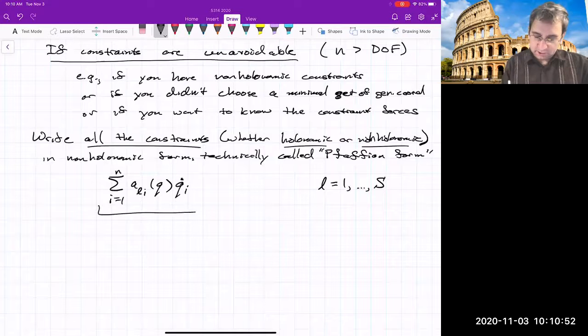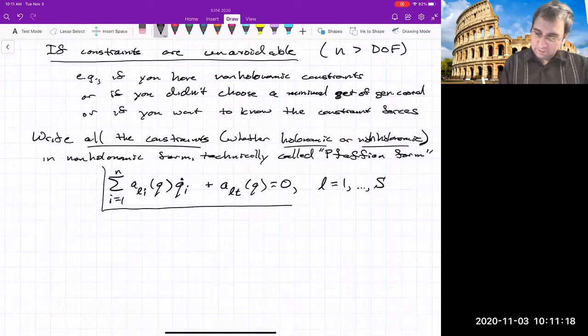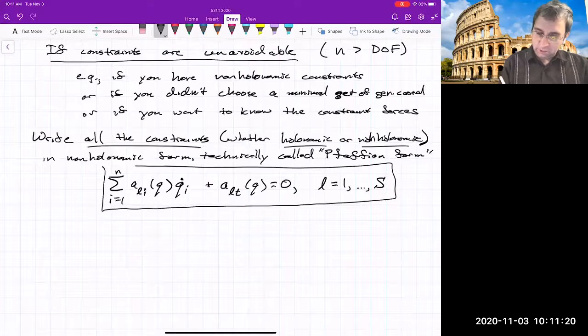So this is a term that's linear in the generalized velocities. We also allow the possibility that there's another term, which I'll write as A_lt, which could be a function of q. So we're writing things in that form called Pfaffian form, or I just call it the non-holonomic form.